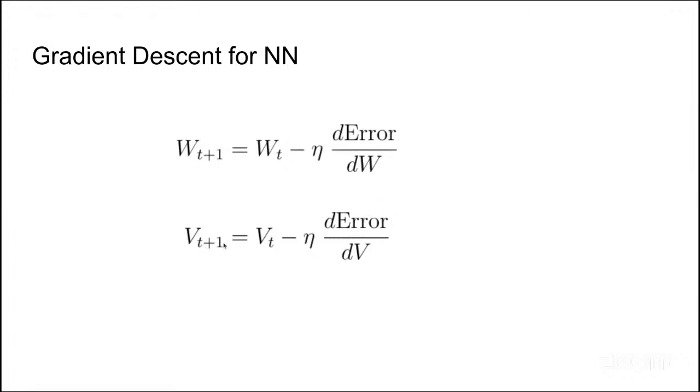Then Wt plus 1 is equal to Wt, and Vt plus 1 is equal to Vt. That means your V has reached your optimal weight, and hence your gradient has become 0, right? So at minimum optimal error, the gradient will become 0, and hence your weight will never change, right?